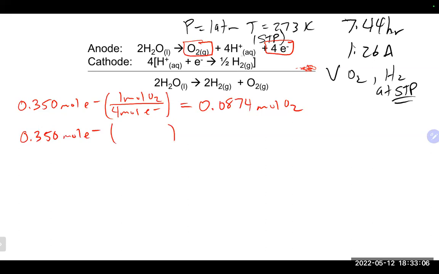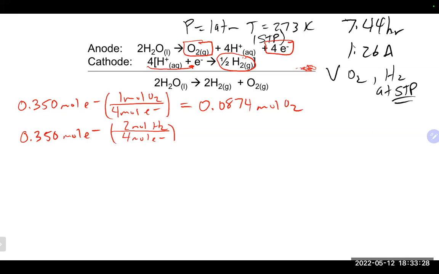We would want to do the exact same thing here for our hydrogen. Looking at our hydrogen, if we multiply the 4 in, that is 4 moles of electrons to 2 moles of hydrogen. So 4 moles of electrons to 2 moles of hydrogen, or you could do 1/2 as well.